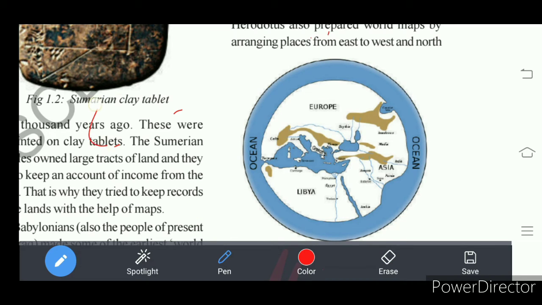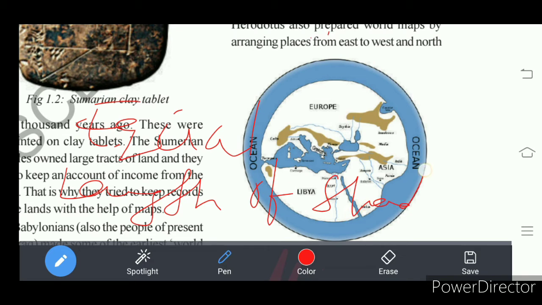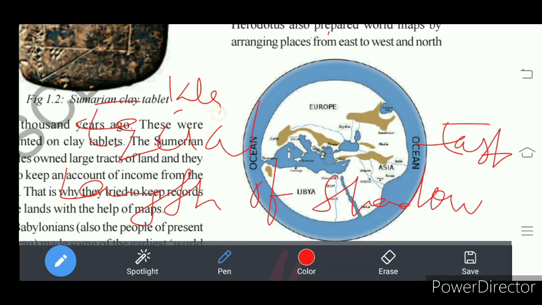The places which have the same length of shadow, those places they identified and connected from east to west. This is the east direction, and opposite to that, this is west. So they drew a line like this.